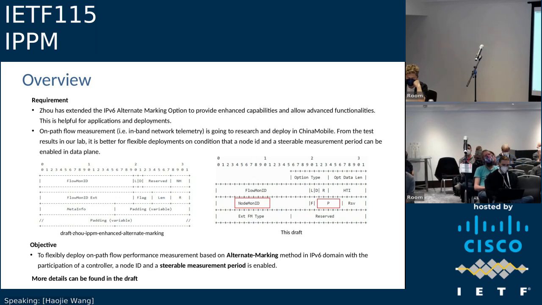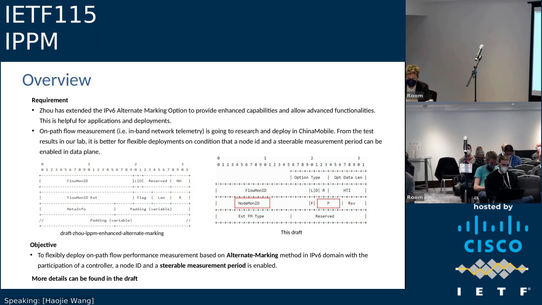On-path flow measurement, also called in-band network telemetry, is being researched and deployed in China Mobile. From the test results in our lab, it is better for flexible deployments on condition that a node ID and a steerable measurement period can be enabled in the data plane.